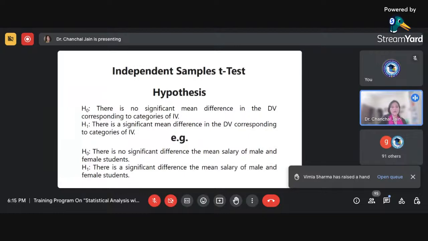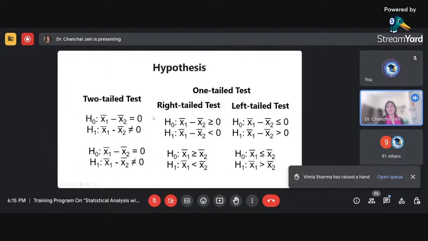Now, in the case of symbols, we can also write our hypothesis. When we are comparing the 2 groups, the male group and the female group, this is the salary for the male group, this is the salary for the female group. So these are the 2 means of the 2 groups, right? If we are saying there is no difference, it means both the means have no difference, giving us 0.